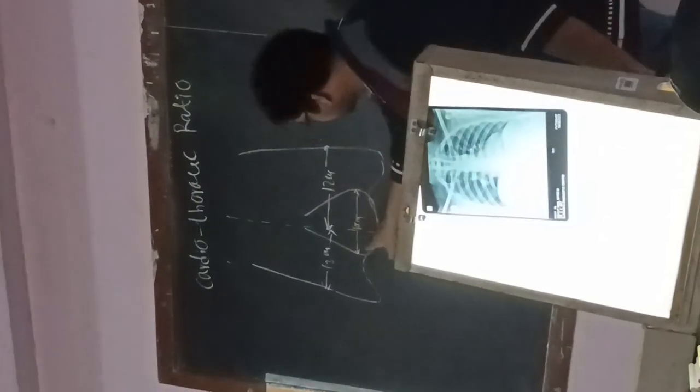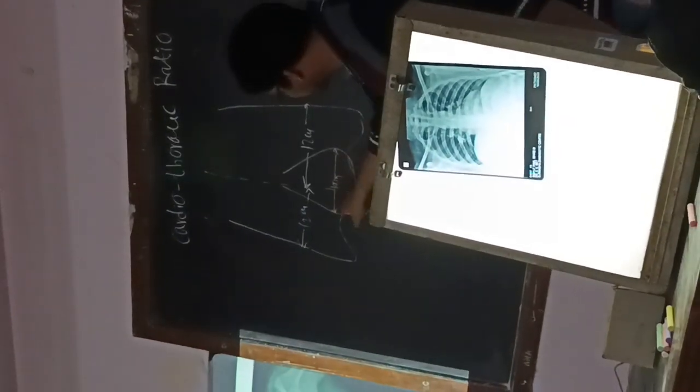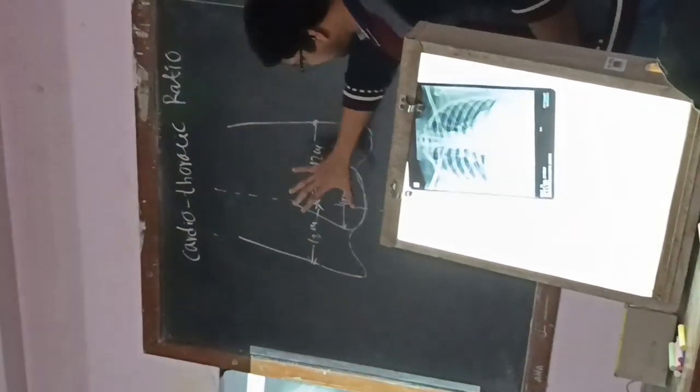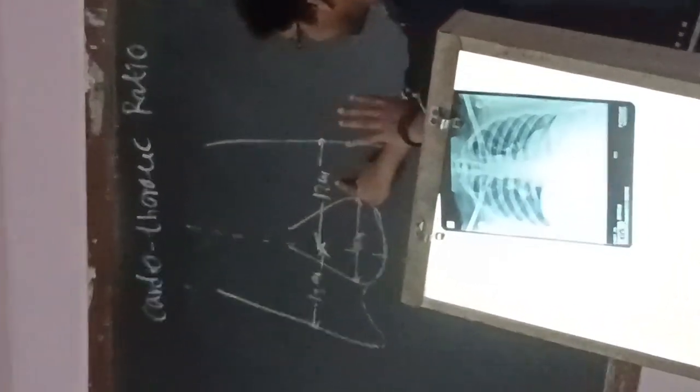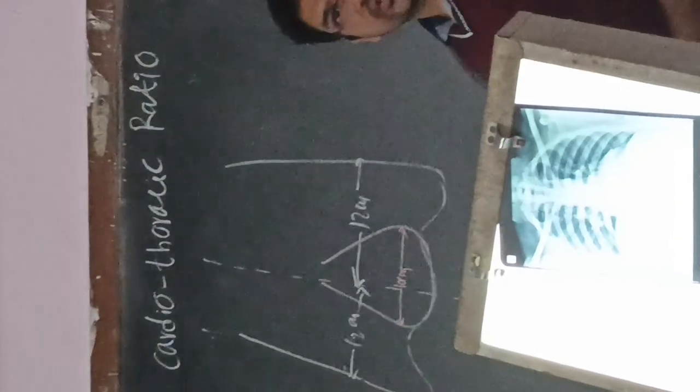And the maximum diameter of the heart is 10 centimeters. This is the normal cardiothoracic ratio. The diameter of the heart should not exceed half of the diameter of the thorax. So here it is less than half of the diameter of the thorax. It is a normal cardiothoracic ratio.